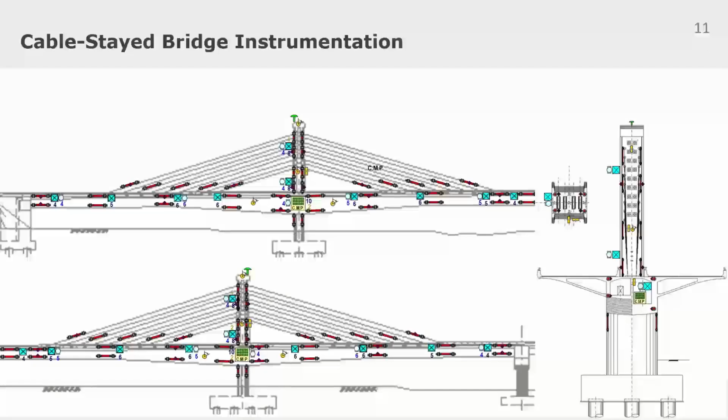For the cables, only a single sensor per cable is installed, since the force in cables is expected to be constant over its length. So these sensors can be installed either close to the girder or close to the pylon, depending on the accessibility during the installation.